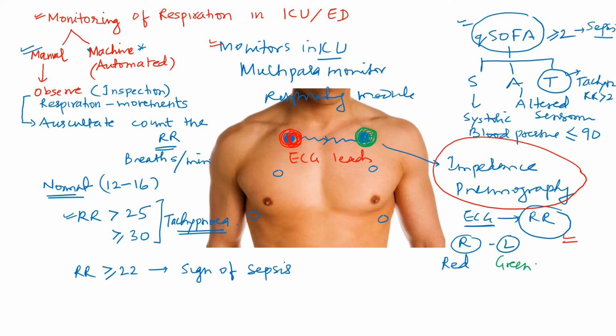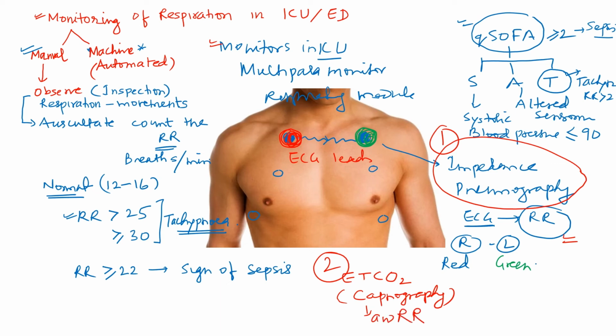Another technique to automatically monitor the respiratory rate in ICU is EtCO2, end-tidal carbon dioxide monitoring, otherwise known as capnography. Okay, so this is the number 2 technique. Number 1 technique is impedance pneumography. Number 2 technique is EtCO2, where the EtCO2 monitor will capture the airway respiratory rate, that is AWRR.